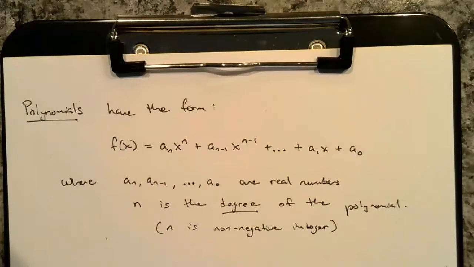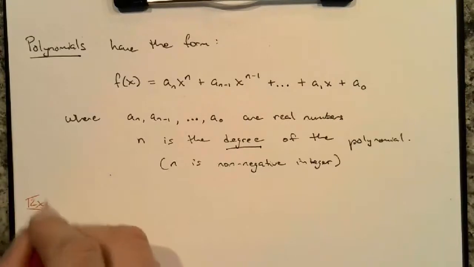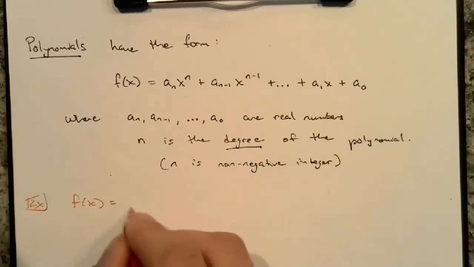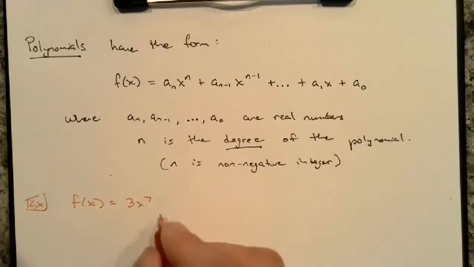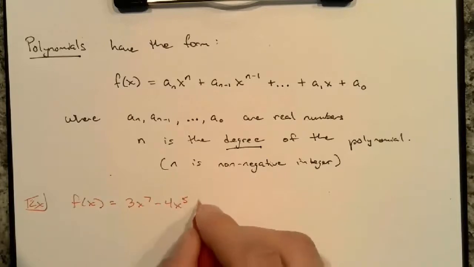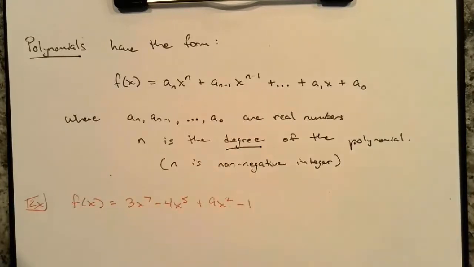So you've probably seen things in this form, you just don't recognize it immediately. Just some quick examples. If I was to say I had f of x equals 3x to the 7th minus 4x to the 5th plus 9x squared minus 1.